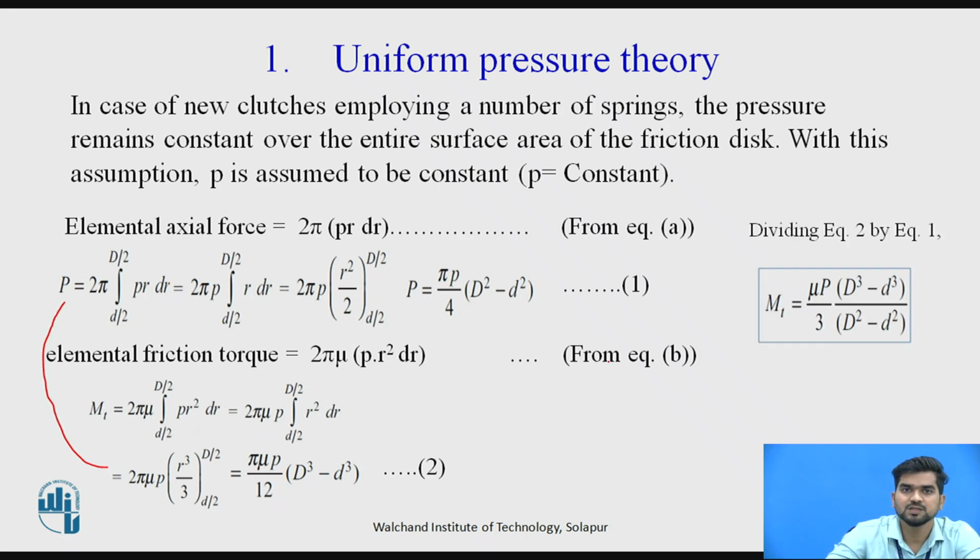Then we get the total torque acting over the clutch plate, that is MT equal to mu into P, the total force, in brackets D cube minus d cube, divided by 3 in brackets D square minus d square, where capital D and small d are the outer and inner diameters. P is the total force acting, and mu is the coefficient of friction. Like this we can calculate the torque transmitting capacity of the single plate clutch.